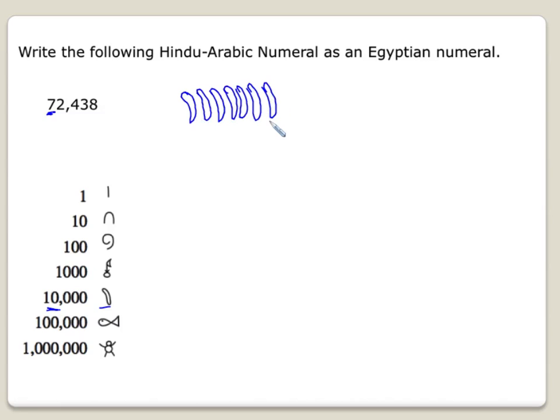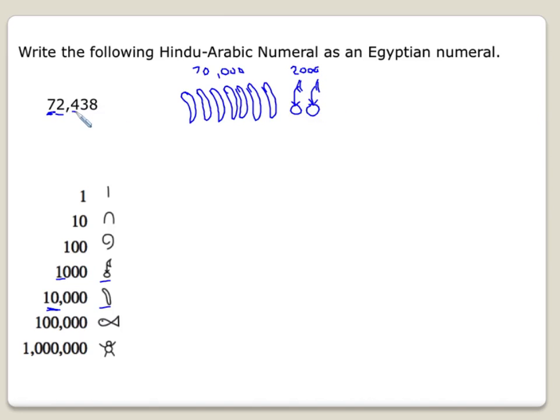Okay, so that equals our 70,000. Then we have 2,000. So this is going to be 2 lotus flowers. So there's our 2,000.